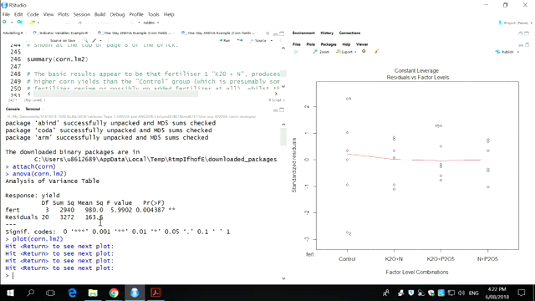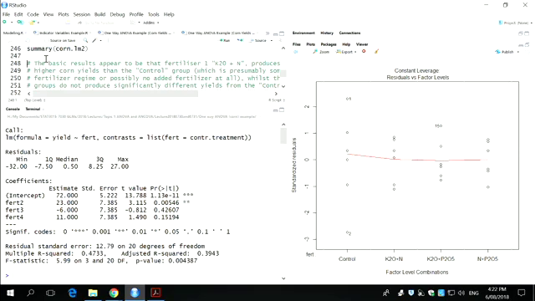Okay, so I could then trawl a bit further and find out what I think is going on, and that's an excuse to go to this. Here's the summary. Now notice I fitted this using treatment contrasts. So this was actually the mean for the control group. That was how much I had to move from that mean to get to the mean for the second fertilizer group, which was the K2O plus nitrogen.